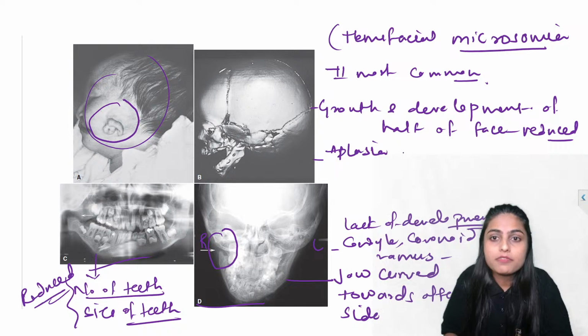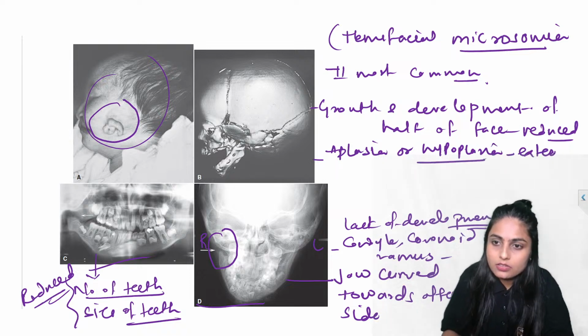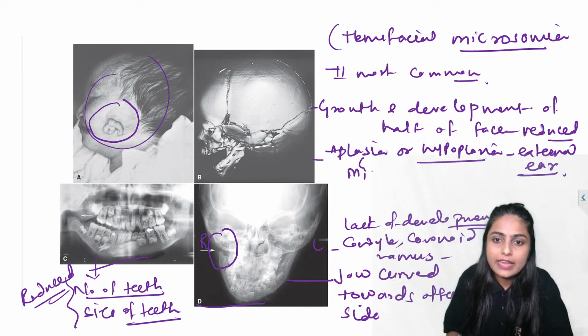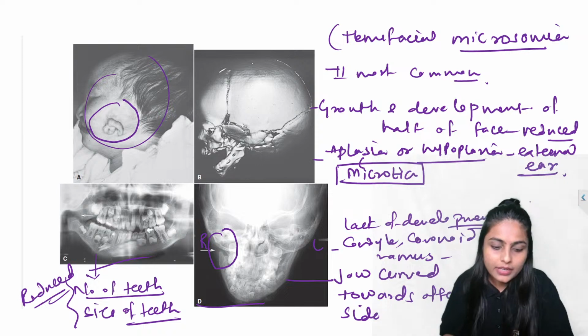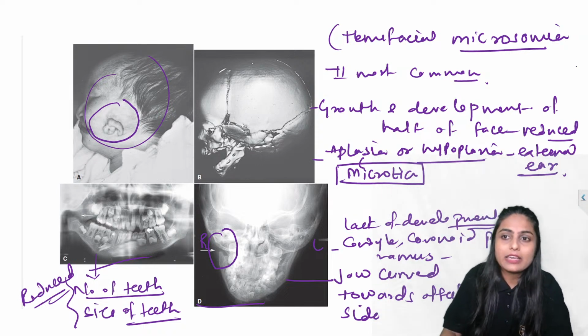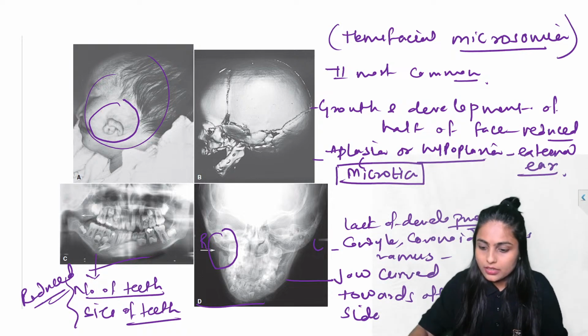This is an important feature. This is termed as microtia. Please remember, this is termed as microtia. All right, so these are some features related to hemifacial microsomia. Are we clear with this?